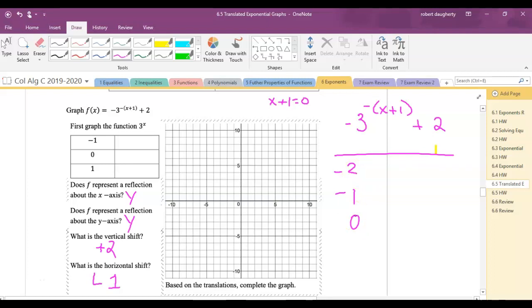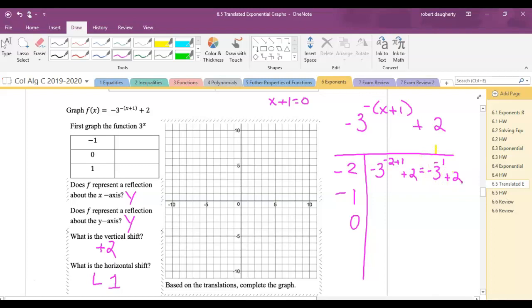So now it's just a matter of me plugging in to this equation, okay? So let's just start here at negative of 3 to the negative 2 plus 1 plus 2. What's negative 2 plus 1? Negative 1. So this is negative 3, negative 1 plus 2. Okay. What's 3 to the negative 1?